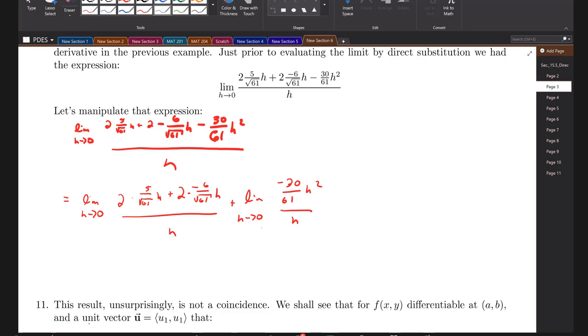And this piece right here, the piece that I just peeled off, are the higher order terms of this. Those higher order terms will always go to 0.